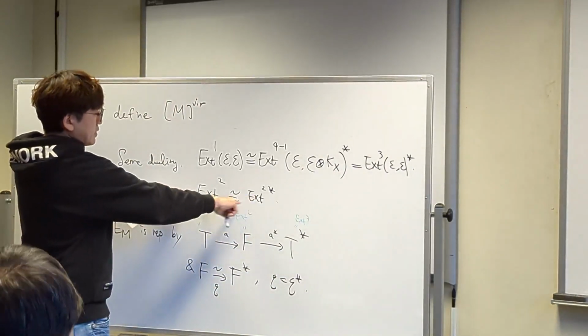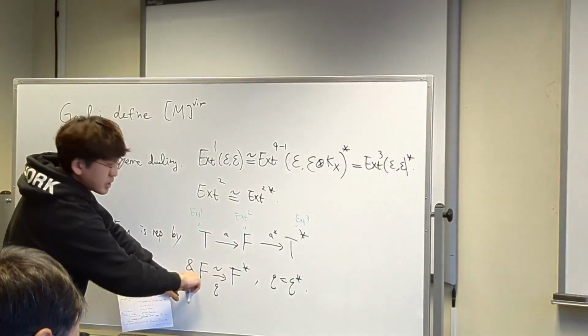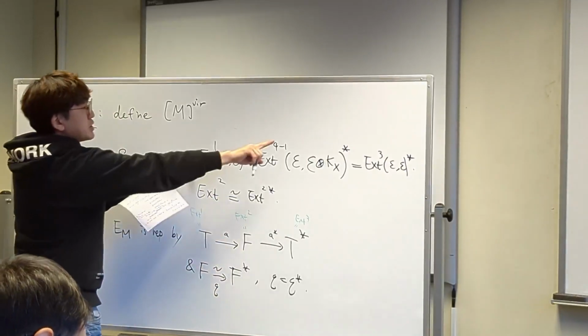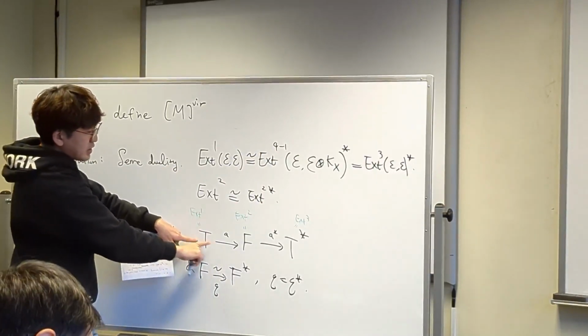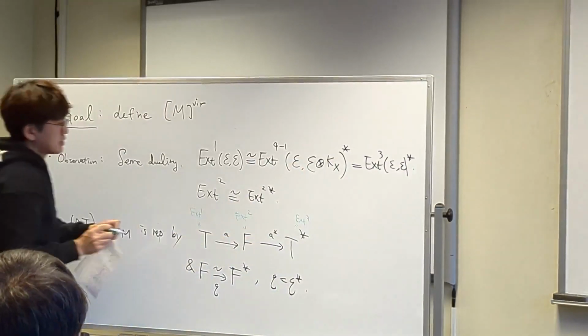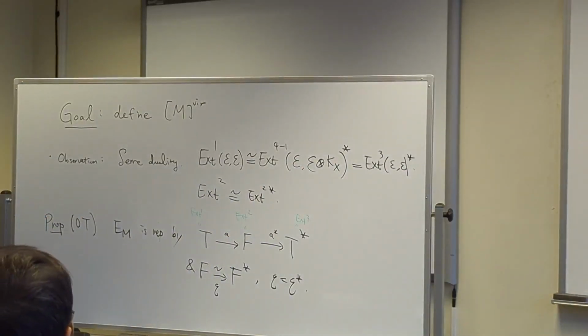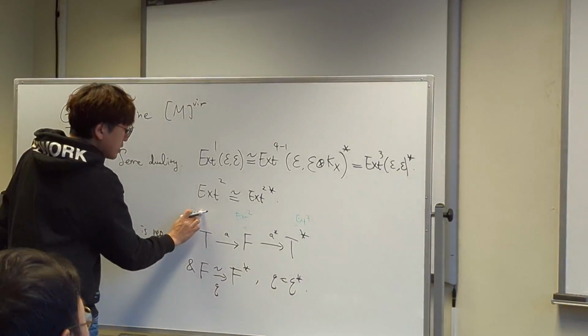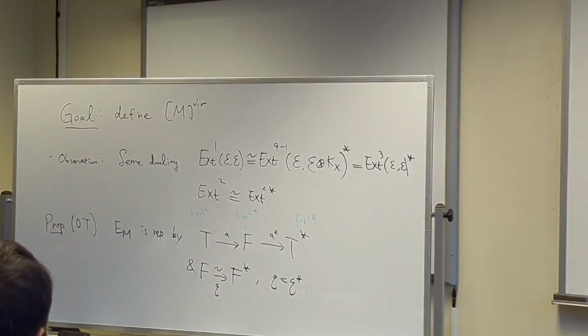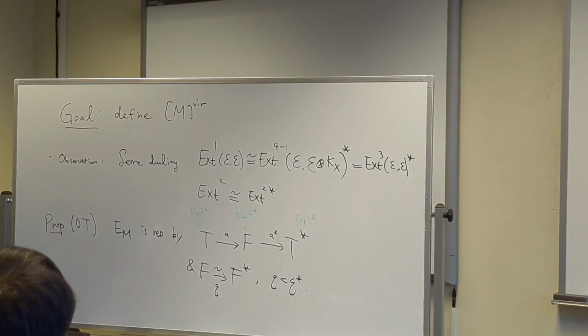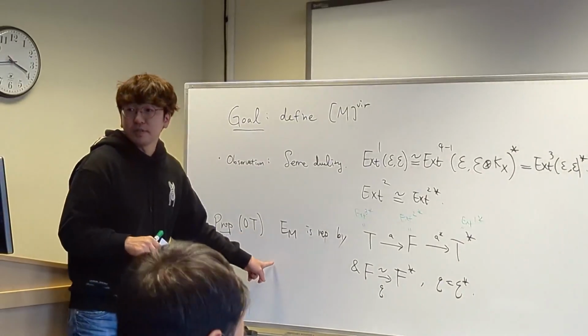Then this self-duality gives this isomorphism, and this says this piece could be the dual of this piece. The composition is zero, because it's a complex.